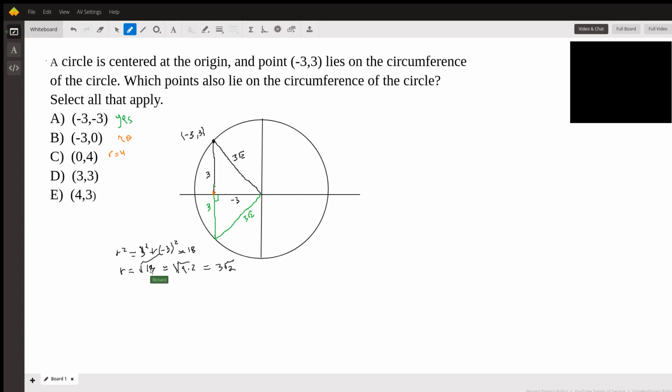The radius squared for our circle is 18, and the radius squared for this circle would be 16. So 0, 4 is here.